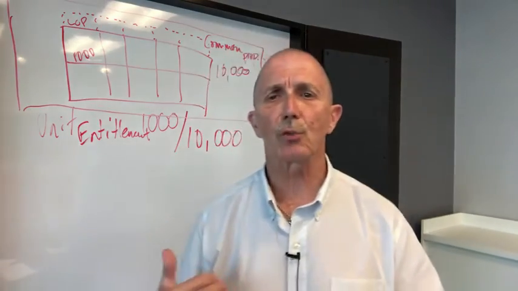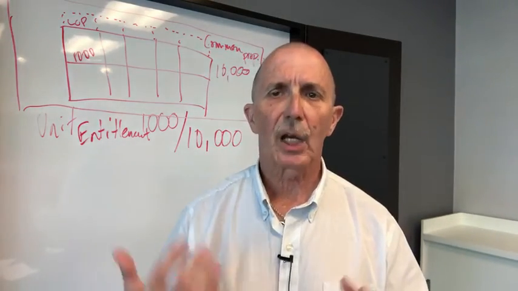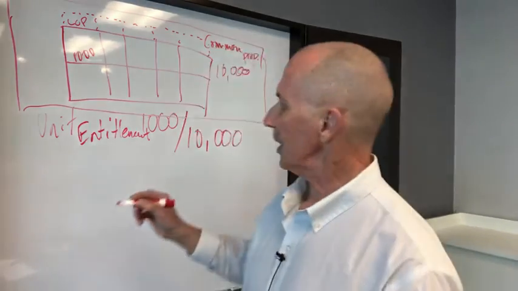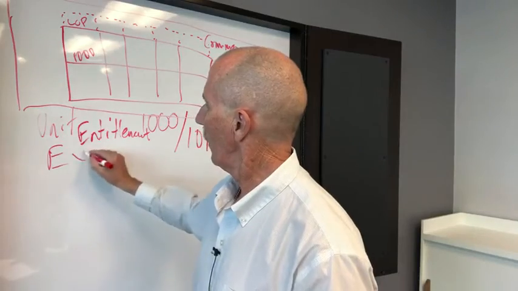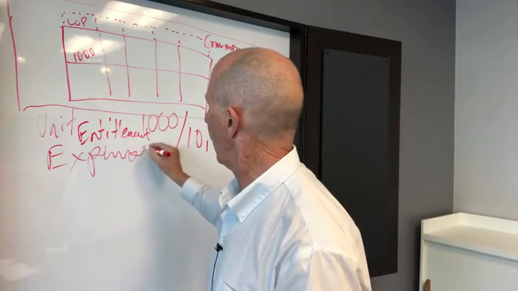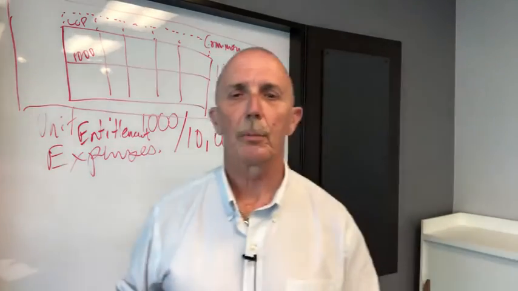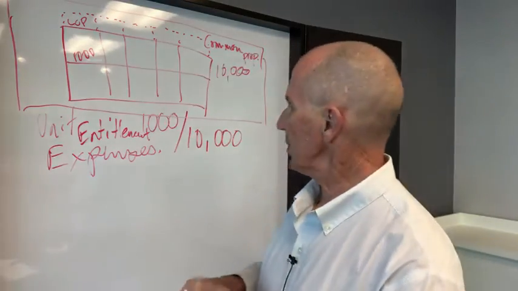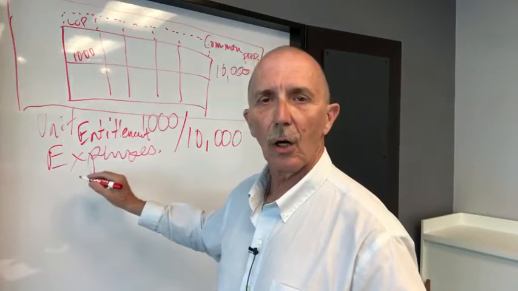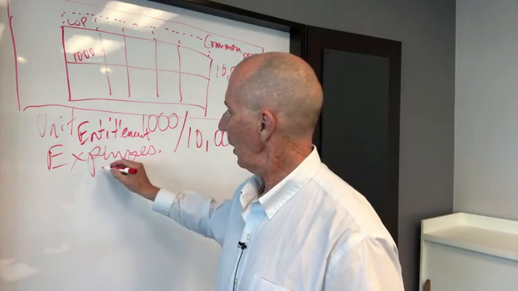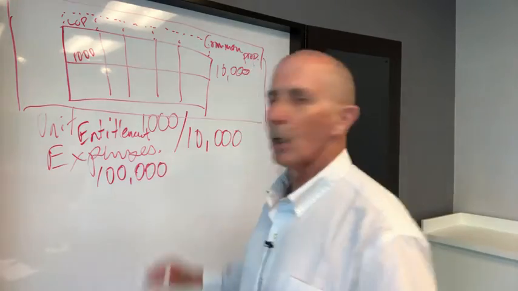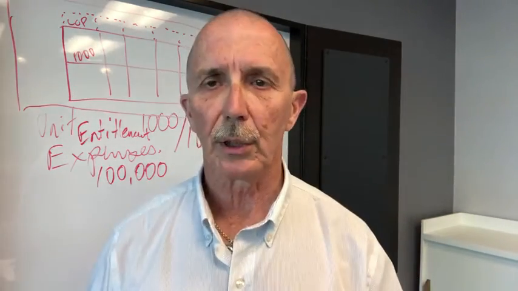What happens when the strata is formed, they need to have a budget. So what they will do is take all the expenses to run the complex for a year. So let's say, for instance, in this case, it would cost $100,000 to run the complex for a year.